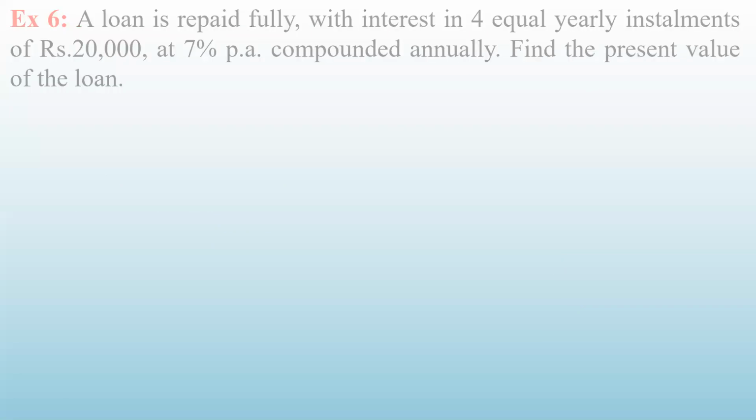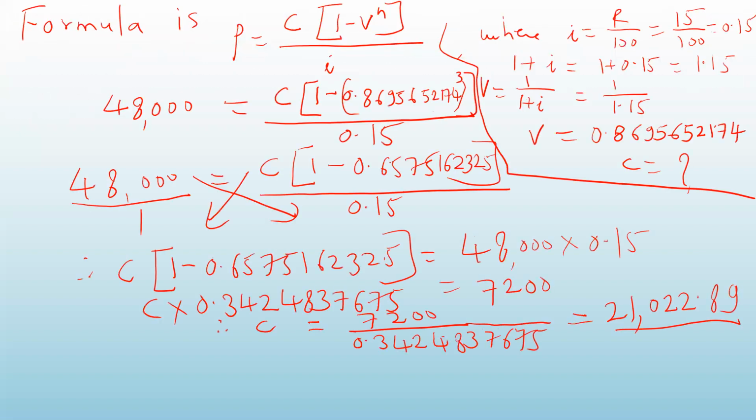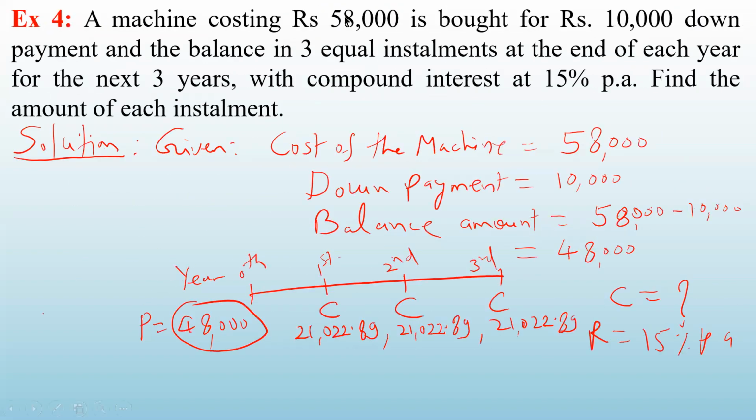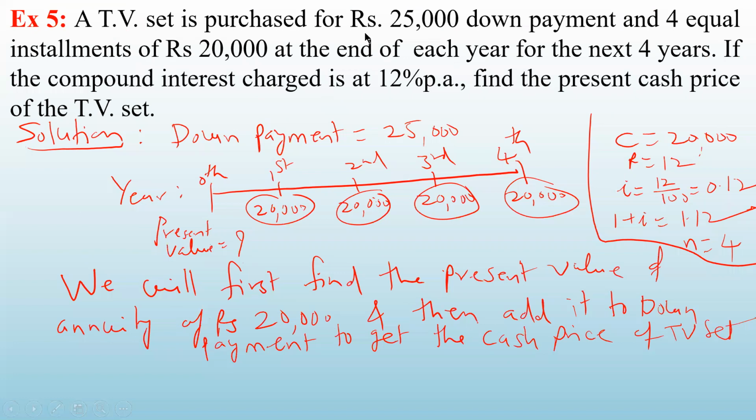So today we have solved three types of problems. In the fourth problem, we were given the cost of the machine and down payment, and we calculated the installment amount. In the fifth problem, you were given the installment and the down payment, and you calculated the cash price.